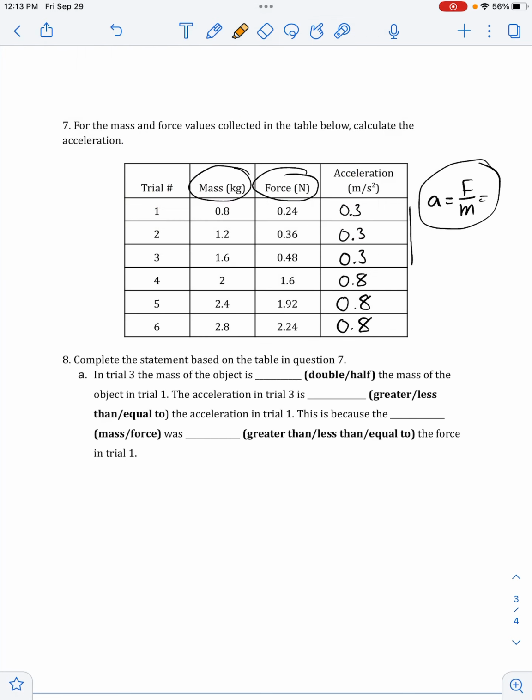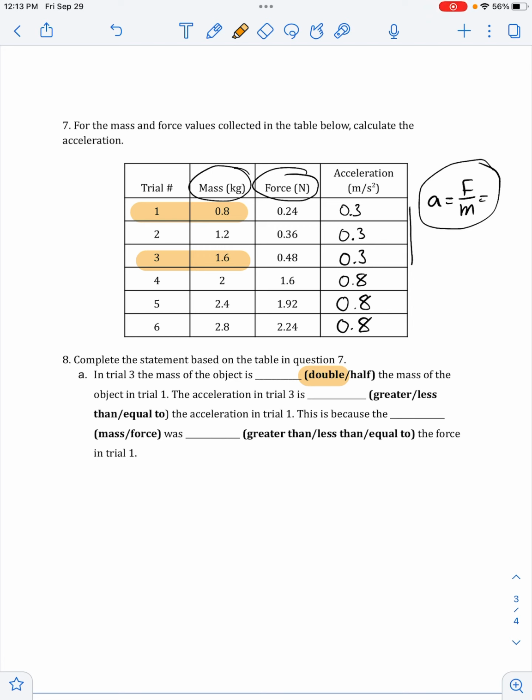Okay, so in number 8A, complete the statement based on the table in question 7. In trial 3, the mass of the object is compared to double or half the mass of the object in trial 1. So in trial 3, the mass is twice the mass of trial 1, so double.